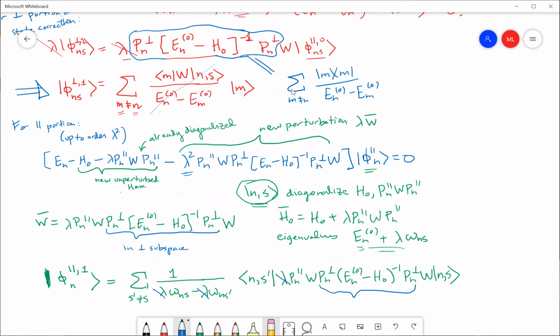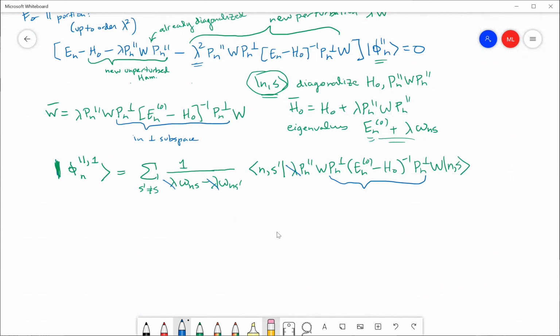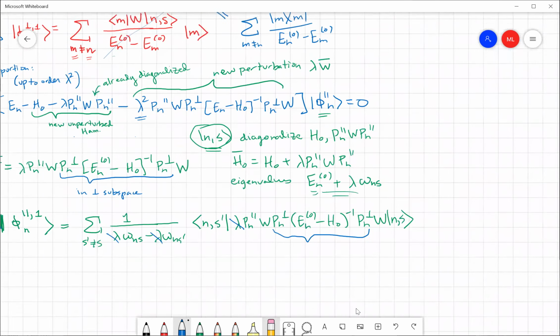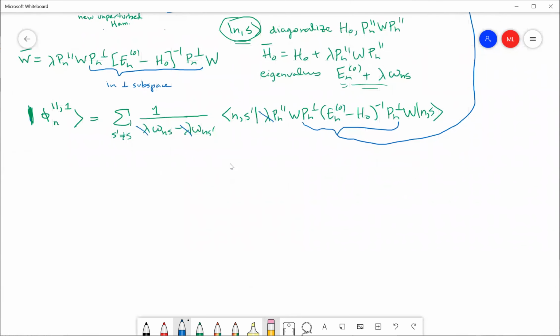It's just this guy, so we can substitute in. Let me just draw a little arrow. This is just going to come in here, go to there. So we're going to substitute that part in. And what do we get?